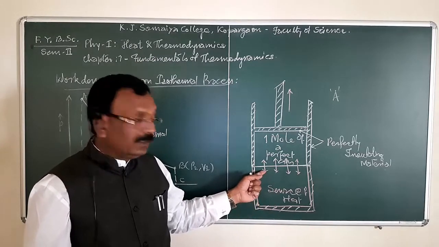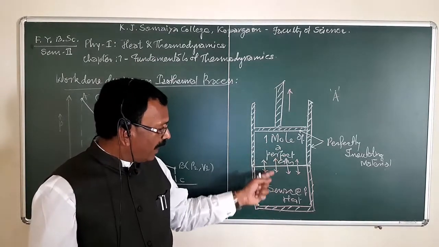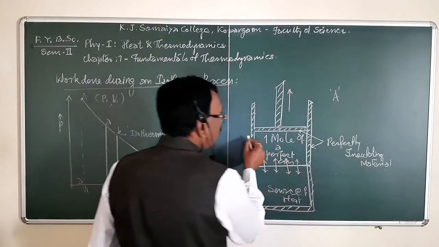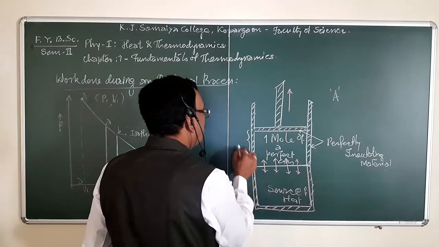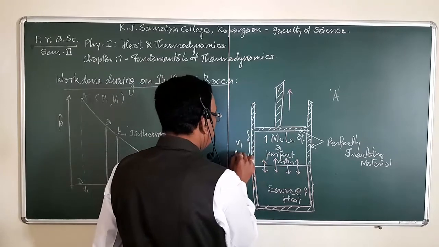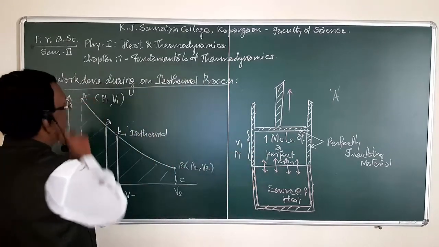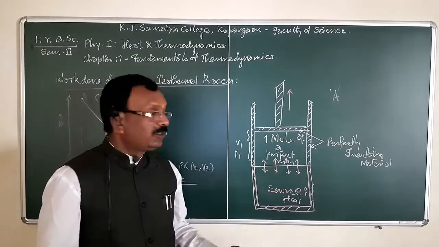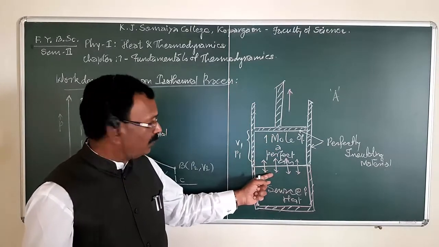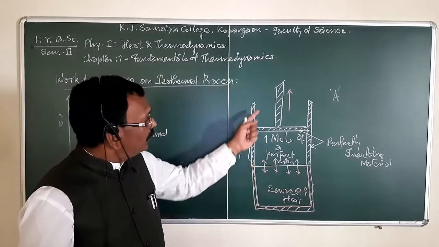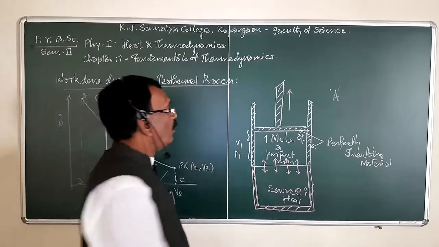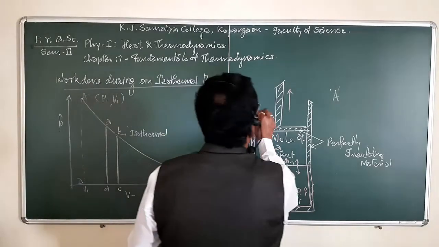obviously the perfect gas absorbs heat from the source. Before the expansion, initially V1 is the volume and P1 is the pressure. This is represented by state A. When we keep the system on the source of heat, it absorbs heat from the source, and when we adjust the pressure on the piston so that it moves slowly outward, expansion of the gas takes place.